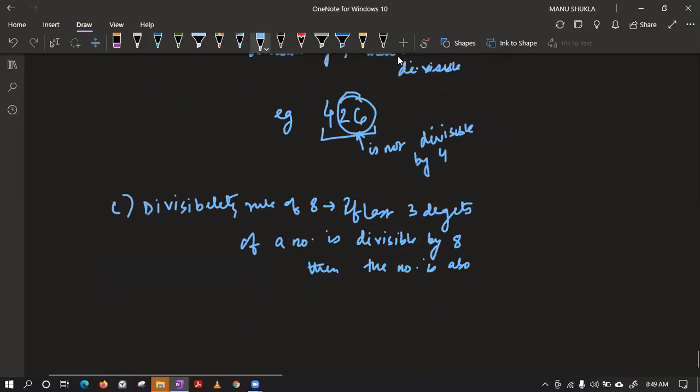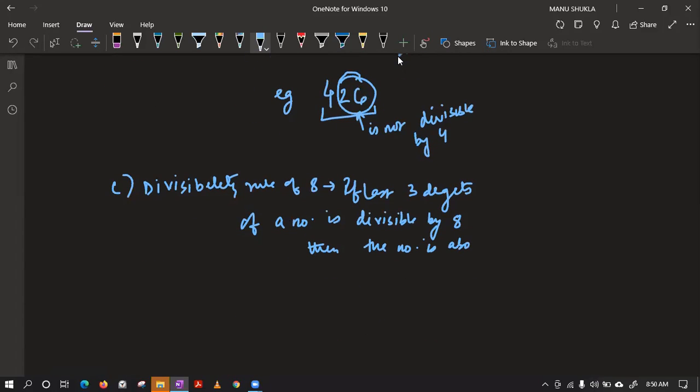Similarly, for the divisibility rule of 16, if the last four digits are divisible by 16, that number is divisible by 16 also. For 32, last 5 digits. For 64, last 6 digits. This way we can understand the concept goes on.